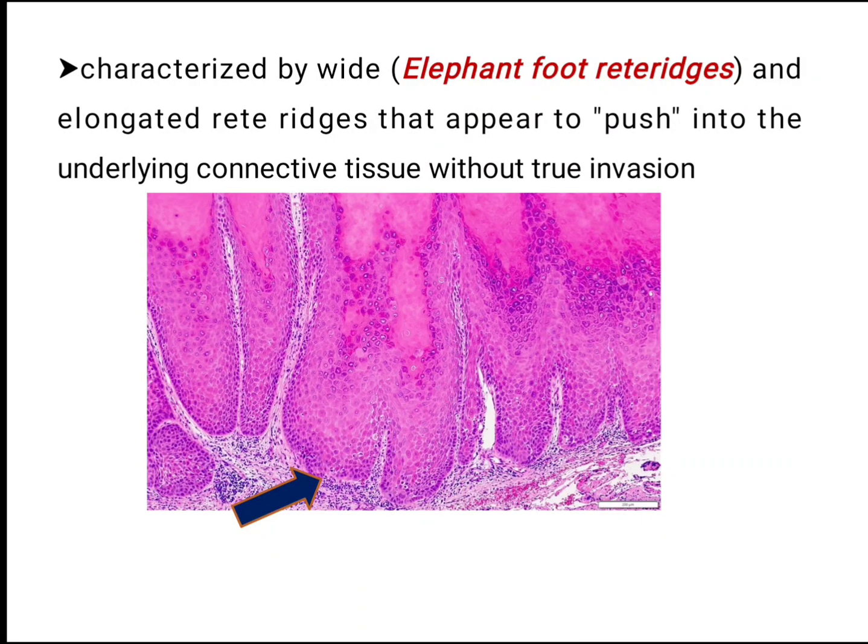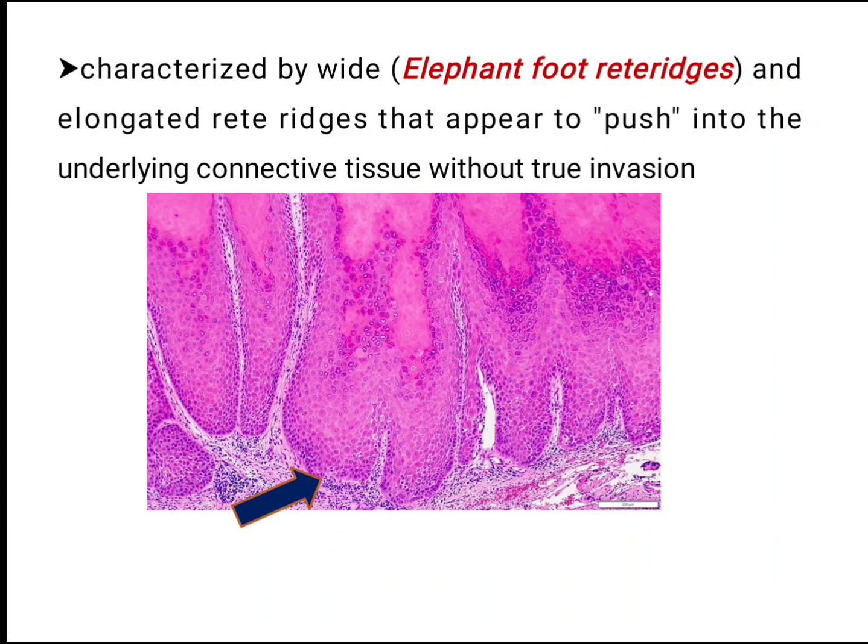In the definition we have seen pushing borders, meaning large rete ridges. In the photomicrograph, at the arrow mark, you can see broad rete ridges, and these somewhat resemble an elephant foot. Hence these characteristic broad rete ridges are known as elephant foot rete ridges.